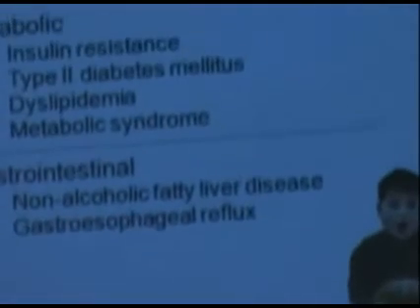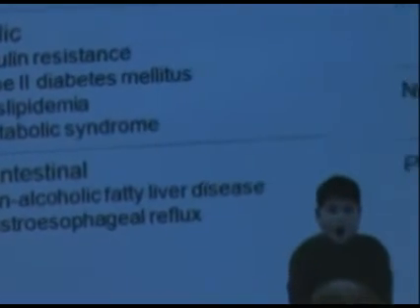So our thinking about obesity has evolved in a number of ways. And one of the important things to think about is the impact of obesity on health. So this slide shows that obesity essentially affects just about every organ system in the body.